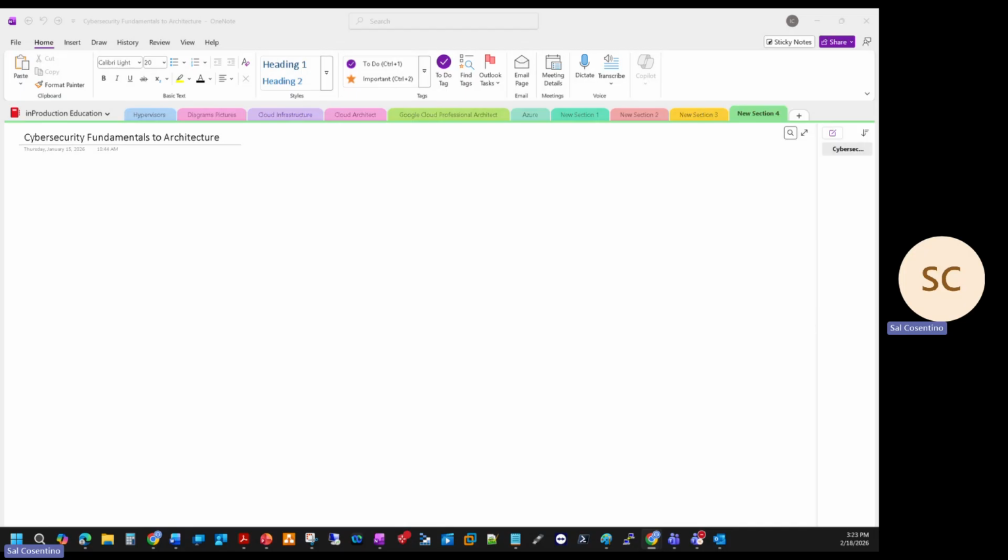We start off with the actual frameworks and the fundamentals aspect of it, because before we even get into what the architectures are, you need to know what the fundamentals are.